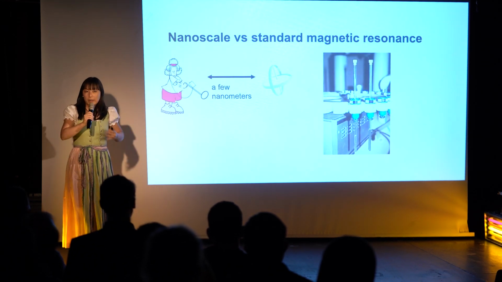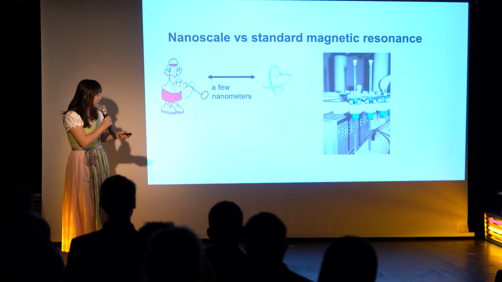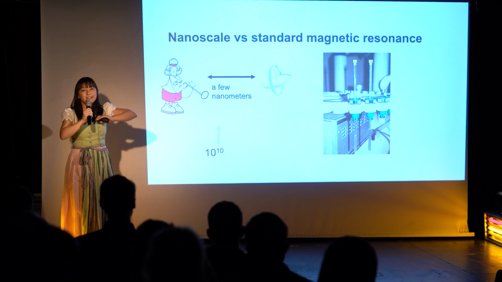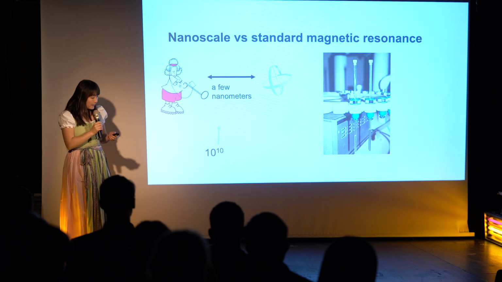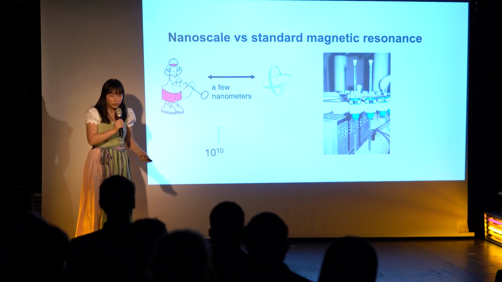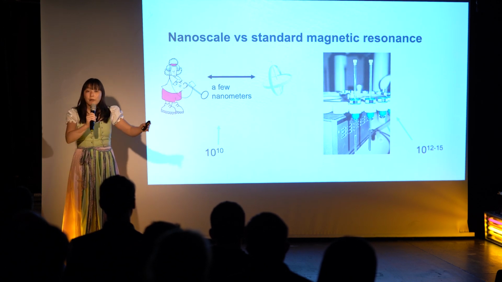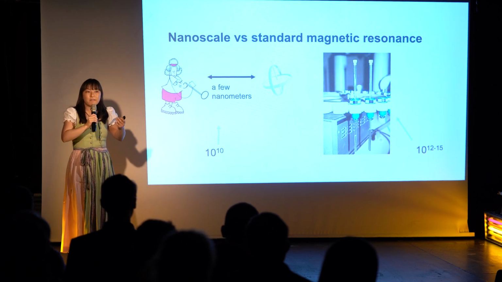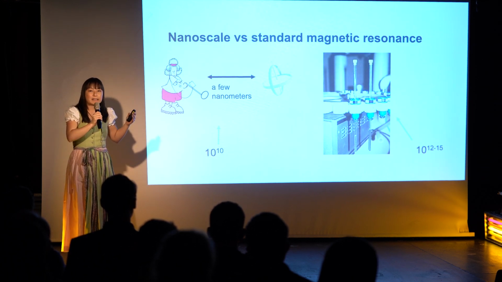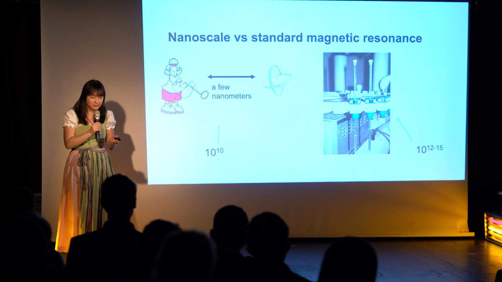So after doing a little bit of math, we found out that our signal comes from 10 with 10 zeros behind it number of spins. In typical magnetic resonance, you need 10 with 12 or 15 zeros. So at the very least, bringing magnetic resonance down to the nanoscale makes you 100 times better at detecting spins.